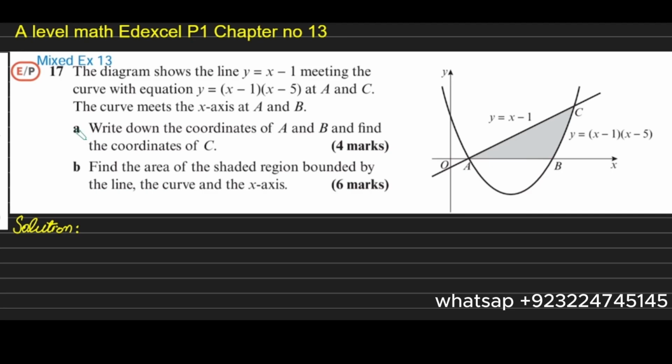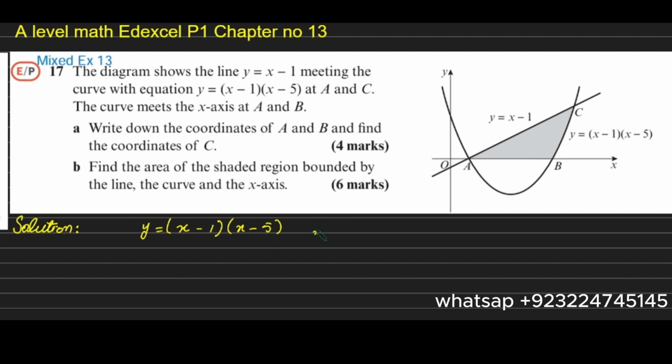Now, in question part A, write down the coordinates of A and B and find the coordinates of C. We have to find the coordinates of A and B, and then we have to find the coordinates of the point C. First of all, we find the coordinates of the points A and B. Now we can see as the points A and B lie on the x-axis, so we write at first y equal to x minus 1 into x minus 5.